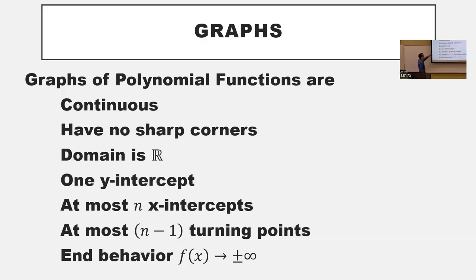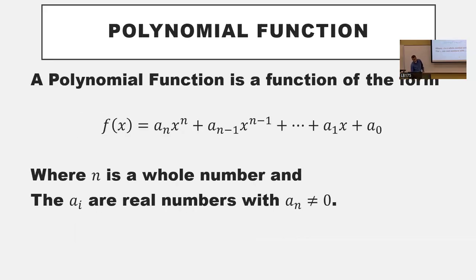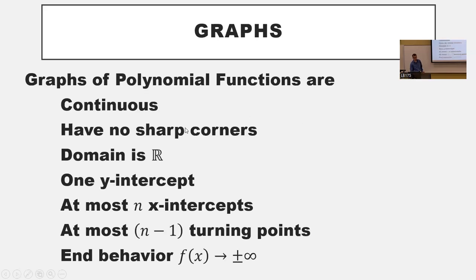Now, these two, the 5th and 6th points, are the ones that are most interesting that you might not have seen. If we have a polynomial function which is degree n, so in other words, we're talking about this lead term being x raised to the nth power, then that polynomial function has at most n x-intercepts.